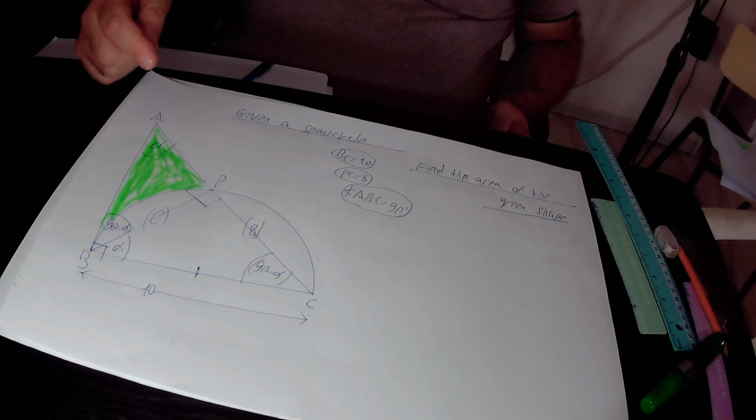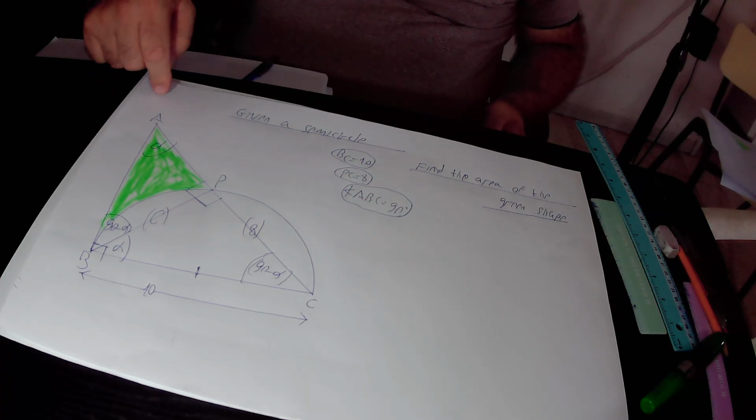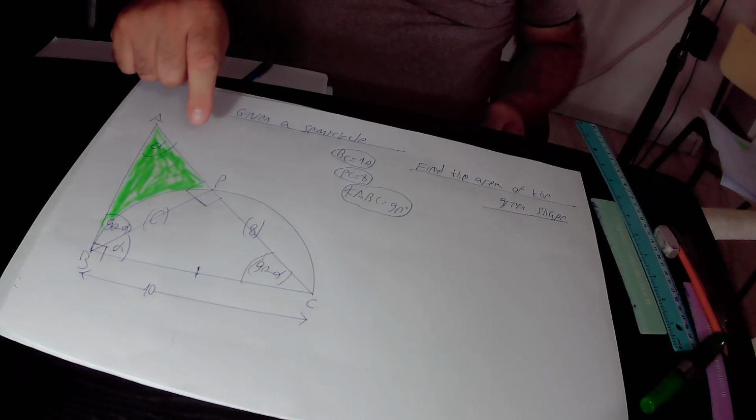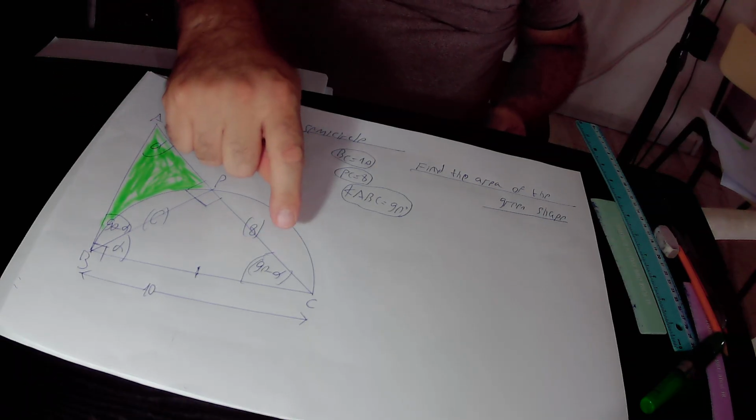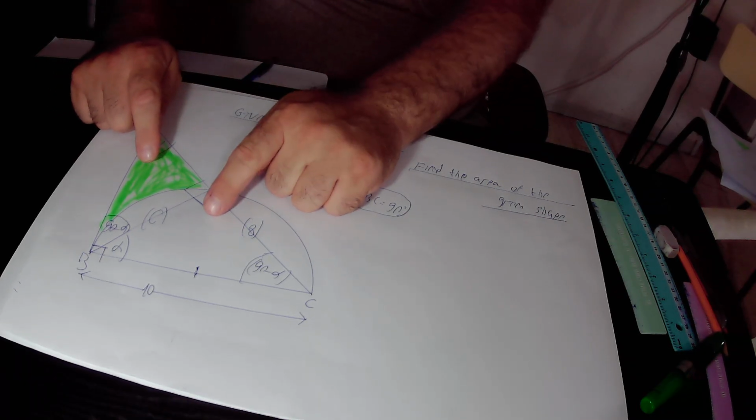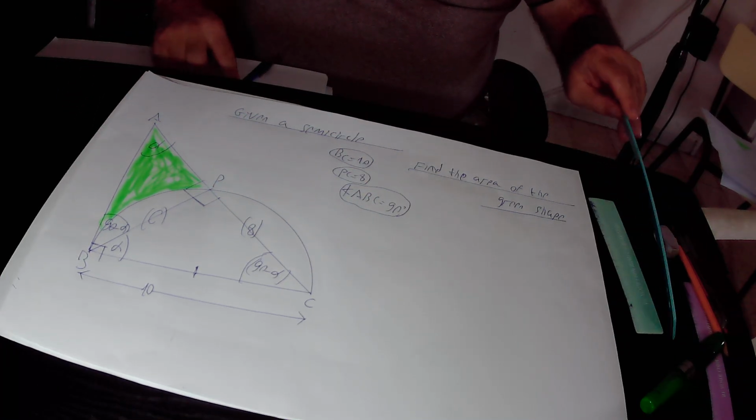So we have proved that all the angles of the right triangle APB are correspondingly equal to all the angles of the right triangle BPC, and therefore those two right triangles are similar to each other according to the angle similarity rule. So I write it down.